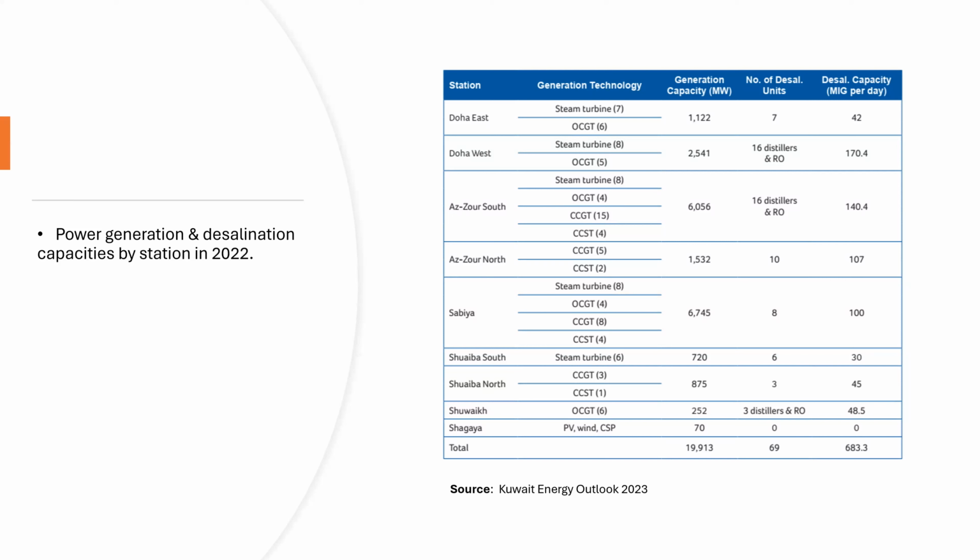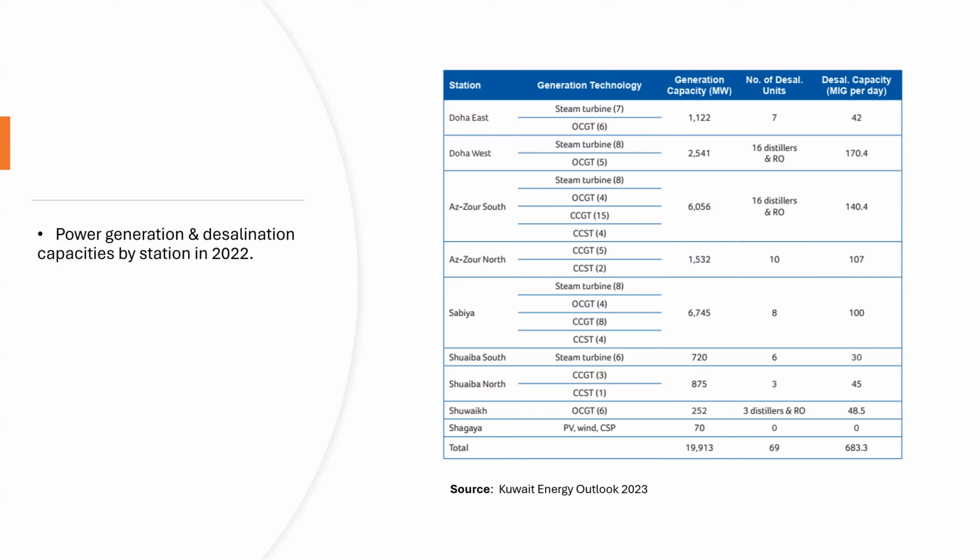Here we see the power generation and desalination capacities by station. This slide is basically to show you the technology they use, for example steam turbines, combined gas turbines, or gas turbines. And at the end we have Shagaya.